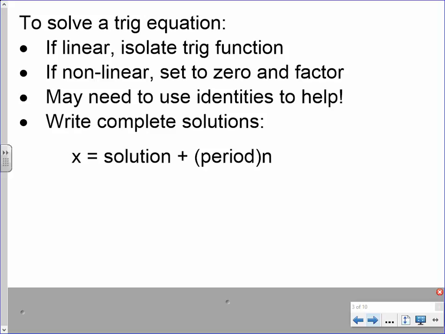Does n have to be positive? n is representing an integer. So we can go backwards multiple periods, or we can go forward multiple periods.